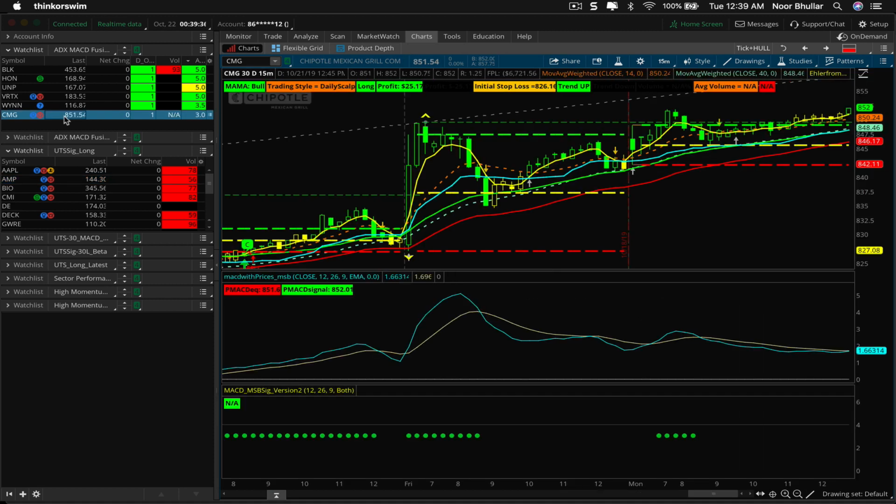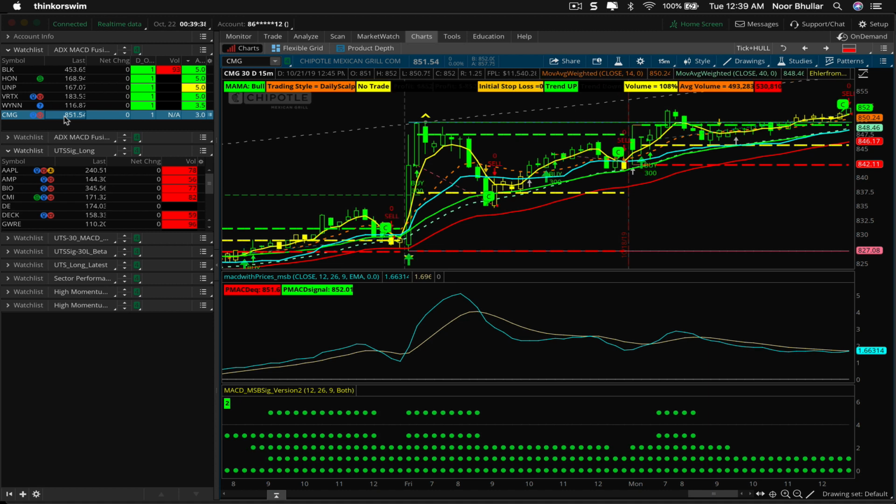Now, this is a good example of a trade that I actually ended up taking today. And when I took the trade, I realized that yes, at the shorter time frame, the MACD started to fall or drop below its moving average, but the higher time frames were still in my favor. So instead of taking the trade off, I actually stayed with it, right?